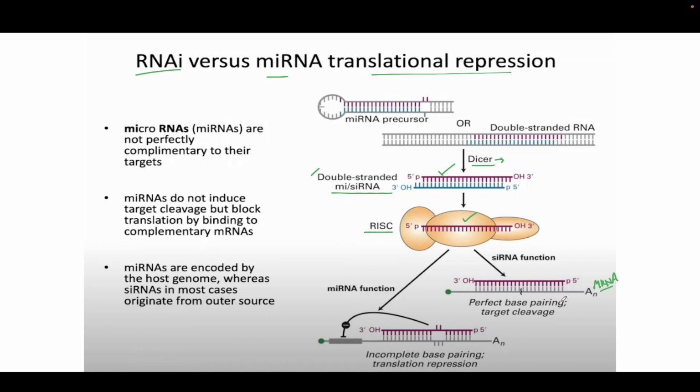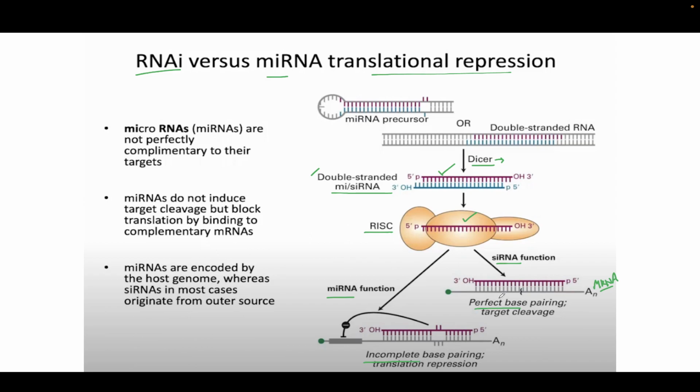If you see here, this siRNA needs perfect base pairing. That means these 20 nucleotides have been perfectly base paired with the mRNA or target gene. But in the case of miRNA, it doesn't require perfect base pairing. We just need to find the particular target, and some base pairing is enough, that is incomplete base pairing.